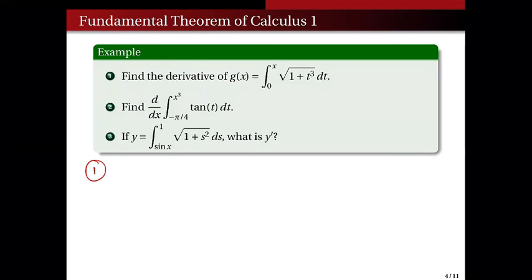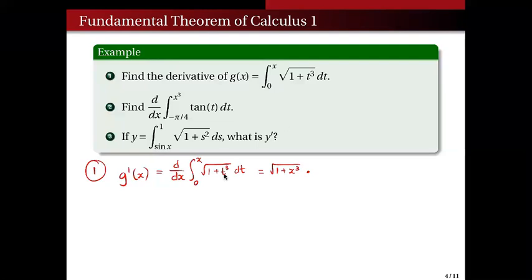So this is straightforward. g prime of x, not g prime of t, is the derivative with respect to x of the integral from 0 to x of the square root of 1 plus t cubed dt, and this is simply the square root of 1 plus x cubed. That's it.